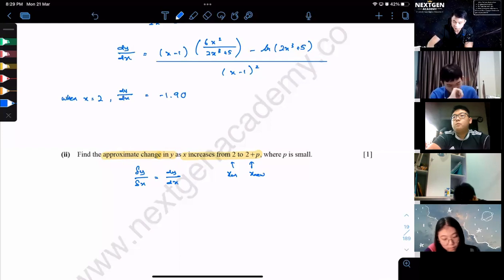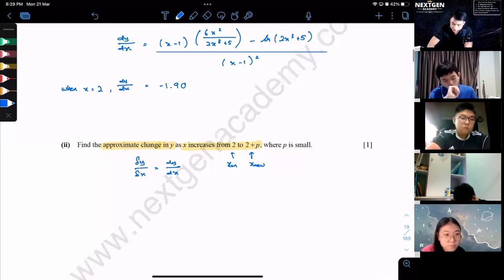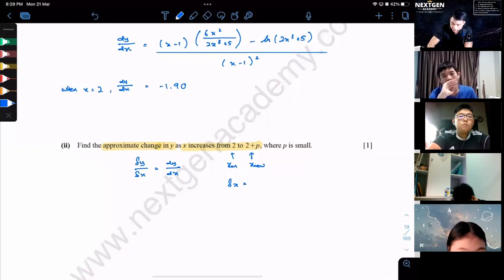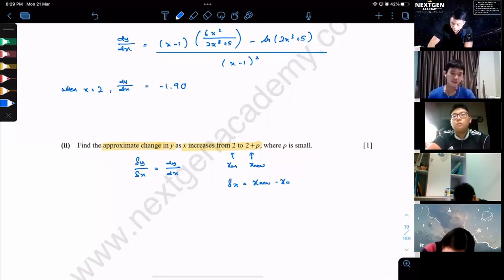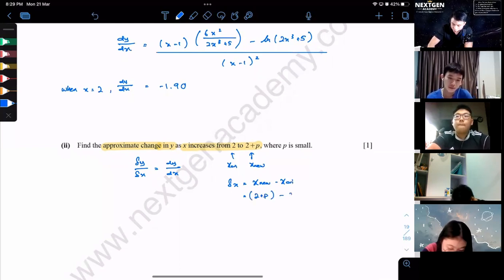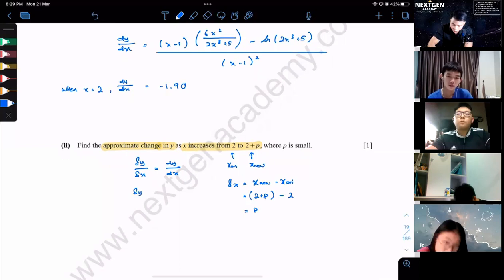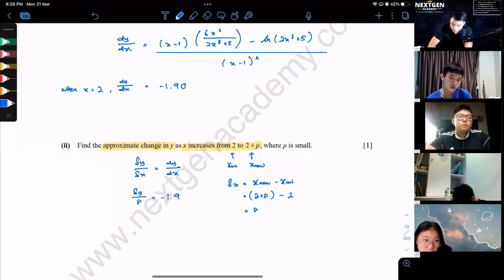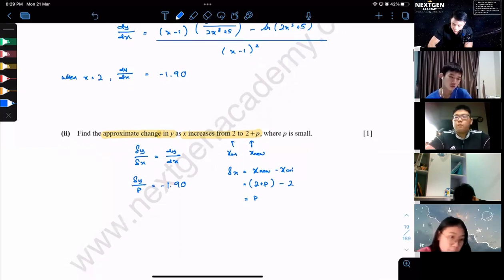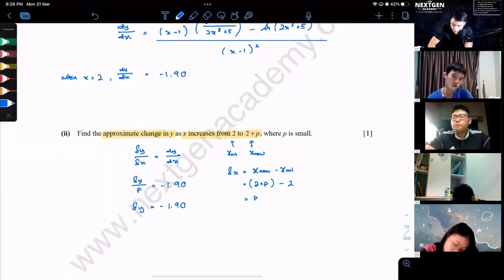Delta x is x new minus x original, so 2 plus p minus 2, which gives p. So I know that delta y over p equals negative 1.90, where delta y equals negative 1.9p.